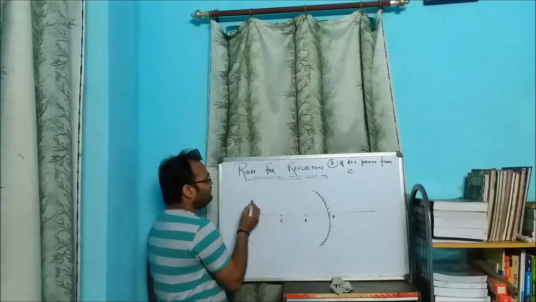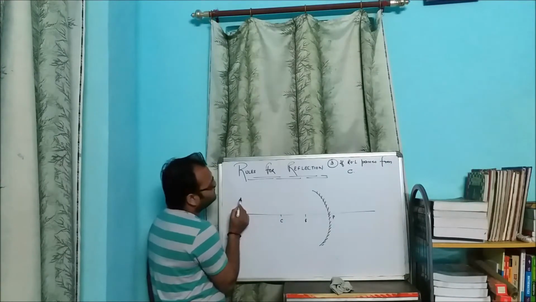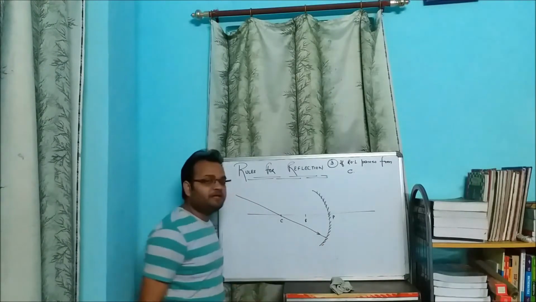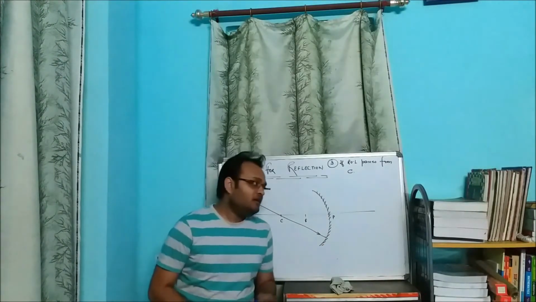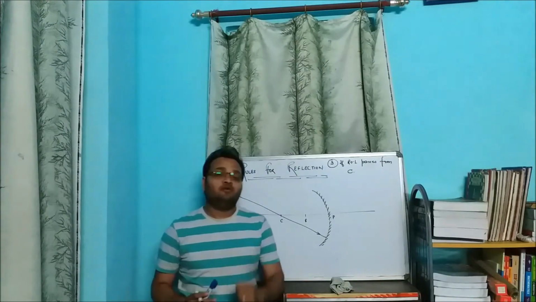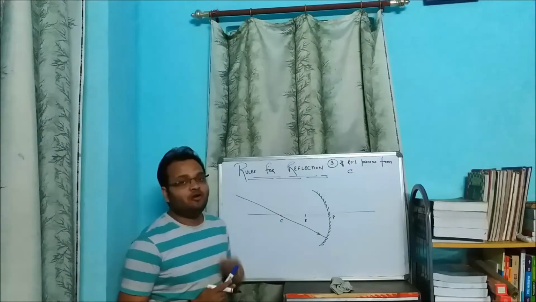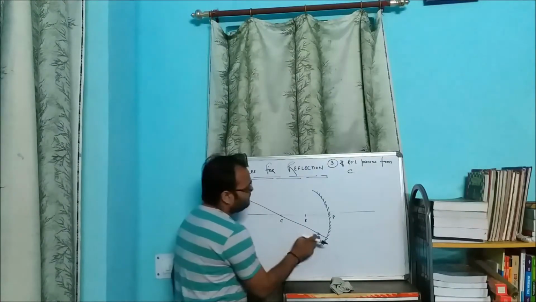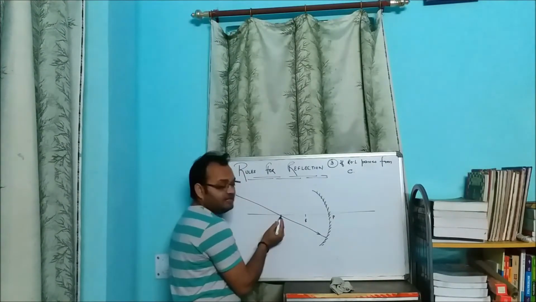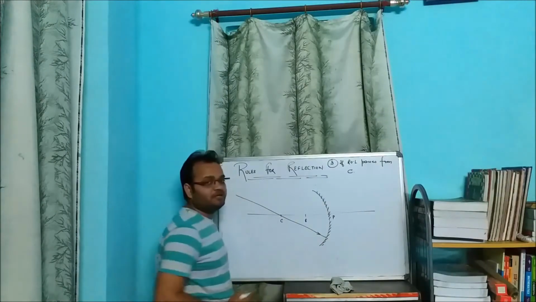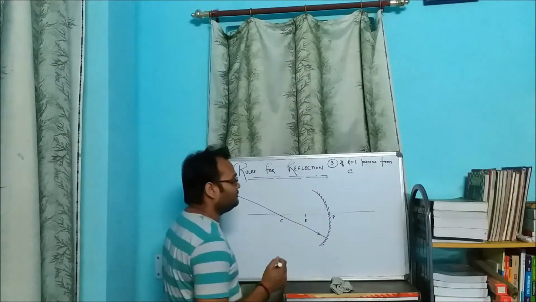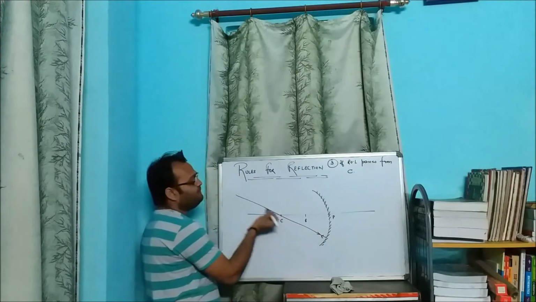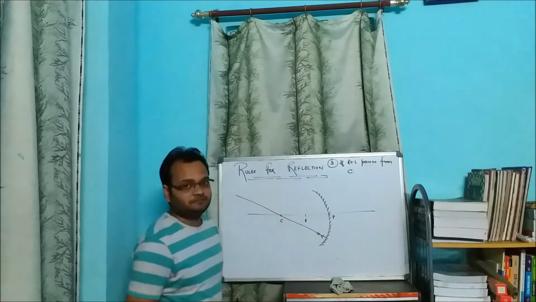For example, a ray of light is coming from the object, passes from the center of curvature and is striking the mirror. What we will see, the reflected ray will go in the same direction of center of curvature. Means if this is an incident ray coming from the center of curvature and striking the mirror, then with the help of the reflection process, it will reflect back in the same direction of center of curvature.